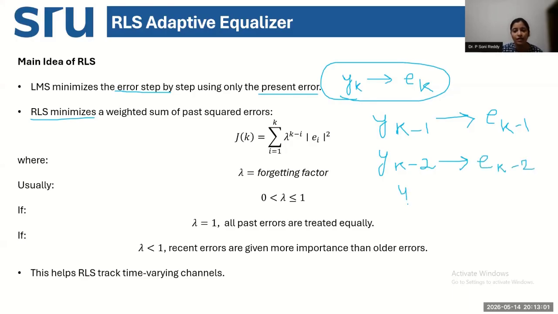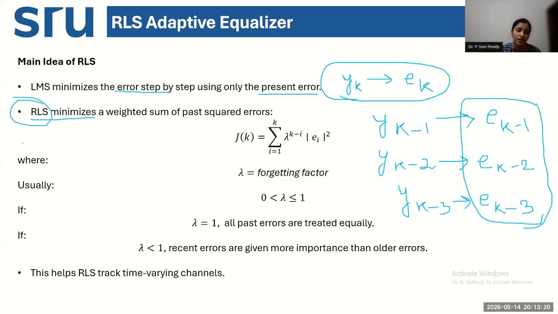For YK minus 3, the previous error was EK minus 3. Like this, all the previous errors are studied and taken into consideration for the RLS equalizer.